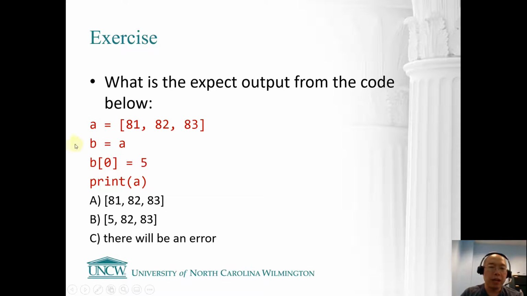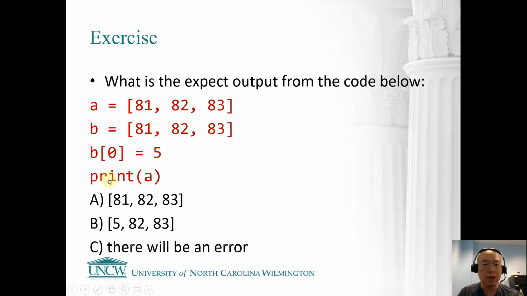Because A and B both refer to the same list, so when we change B, A gets changed too. We take out the 81 and plug in a 5 at index 0, so the list will be 5, 82, and 83. Even though we changed B, A gets changed too.